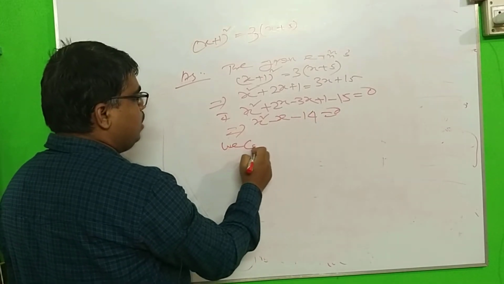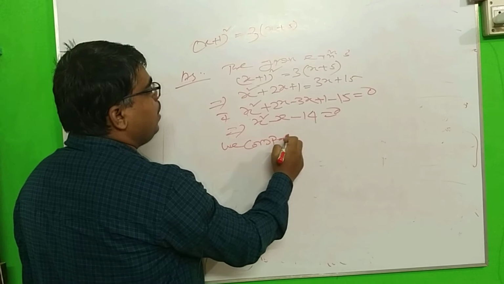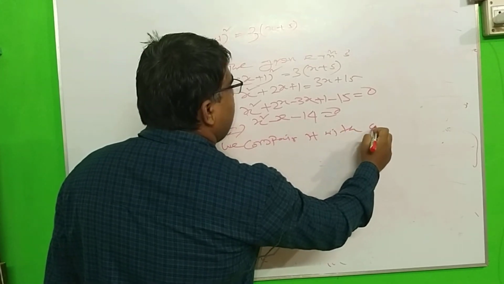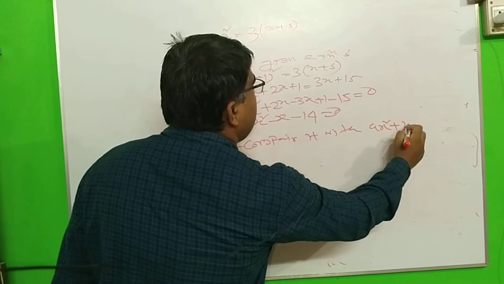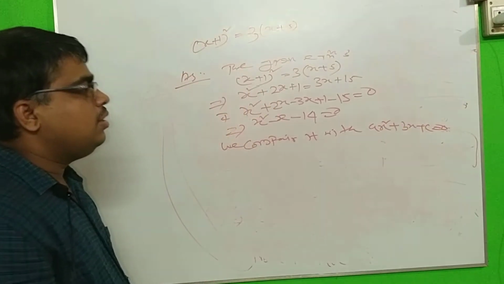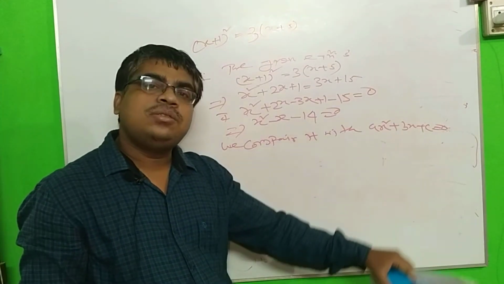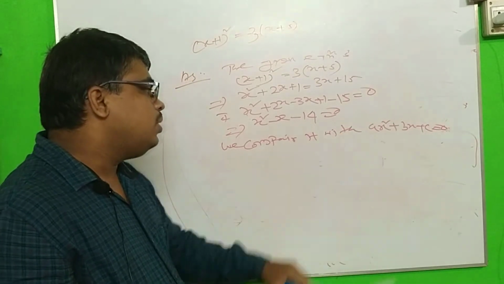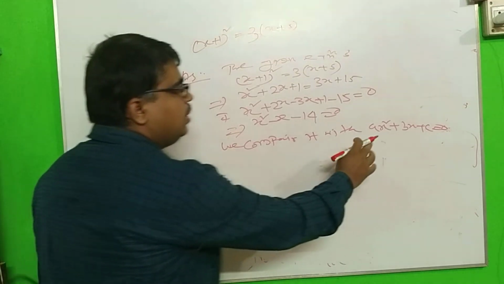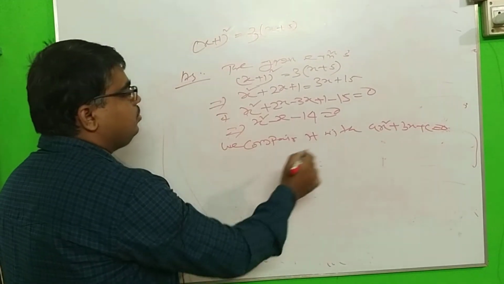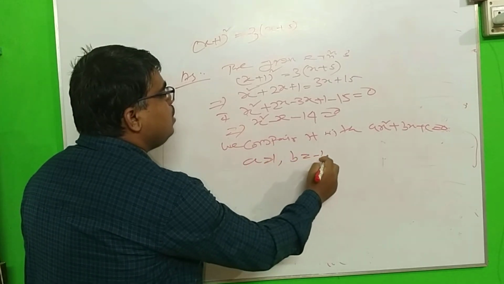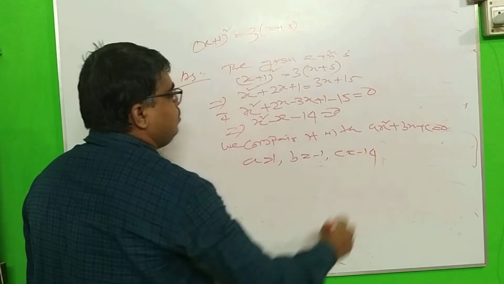We compare it with ax square plus bx plus c equal to 0. The standard form of quadratic equation: ax square plus bx plus c equal to 0, a not equal to 0. When a not equal to 0, then it is a quadratic equation. We compare it with a equal to 1, b equal to minus 1, c equal to minus 14.